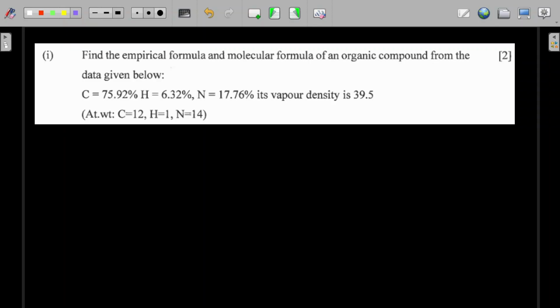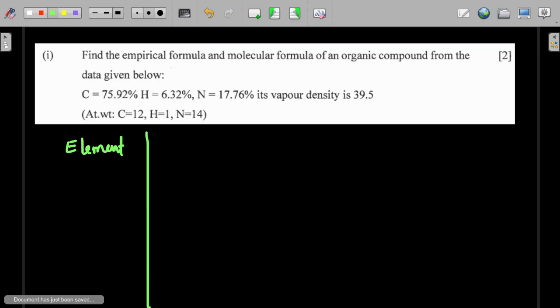So write very neatly, with all the tabular form you have to put. So how do you solve this? First of all, you write here element. Don't be lazy in putting the table and writing the headings, because for that also they will cut marks. Second column, percentage composition. This also will be given.